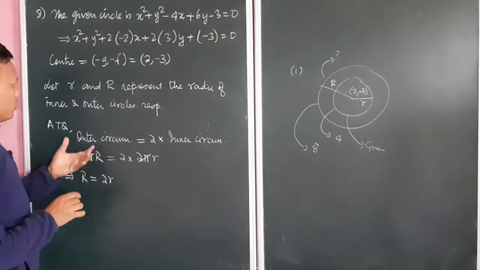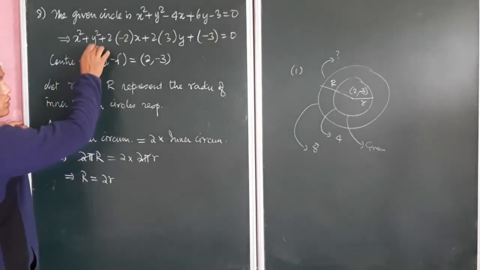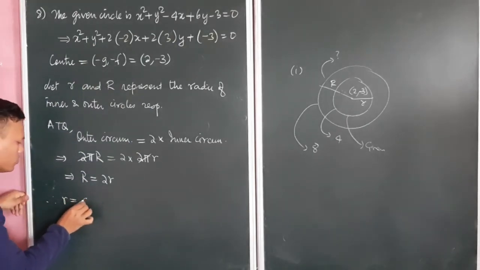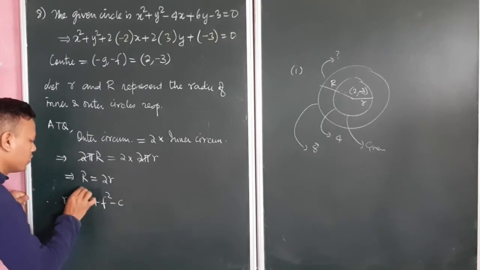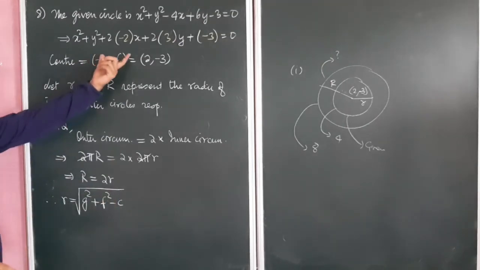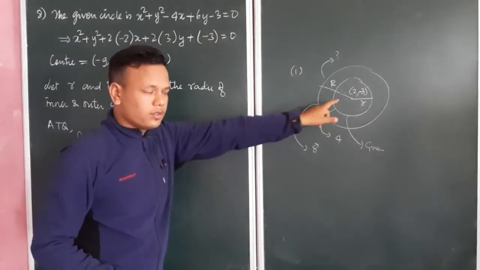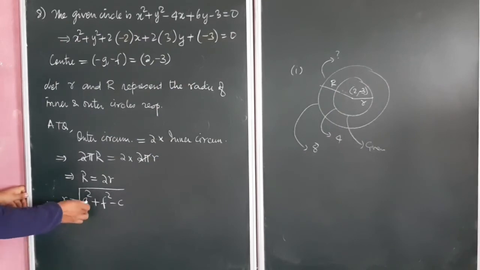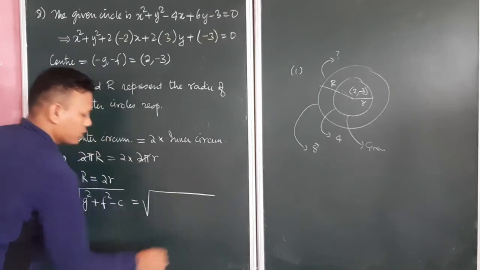Alright, so let us find small r first. Small r will be equal to the square root of g square plus f square minus c. This will be the inner radius. So let us calculate how much this is.